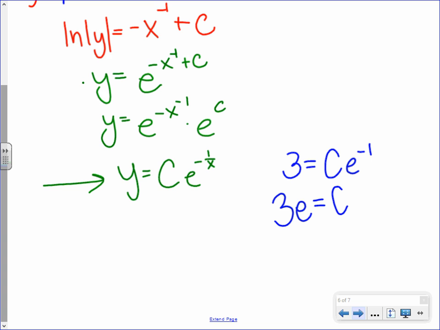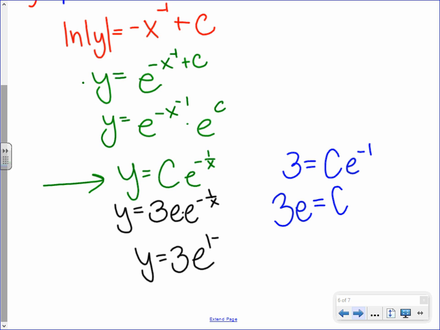So then to write our particular solution, our c value is 3e. Okay, now that looks kind of silly, doesn't it? Plus, right? Well, yeah, this is e to the first power, so we can combine these to be 3, and then e to the 1 minus 1 over x, or negative 1 over x plus 1, however you wish to write it.